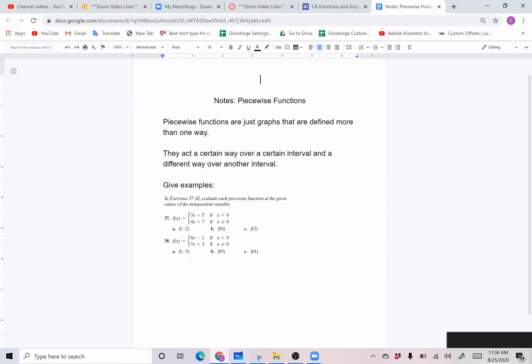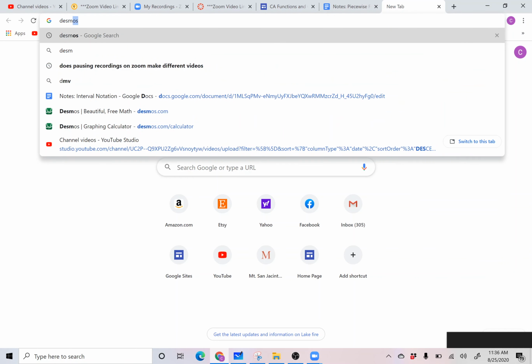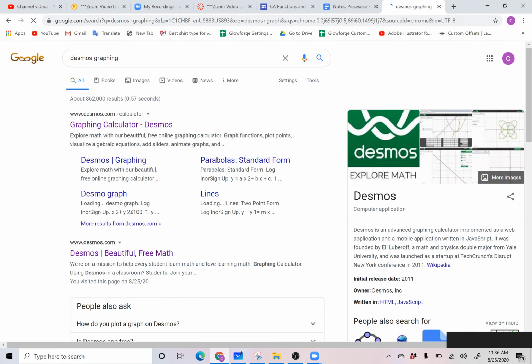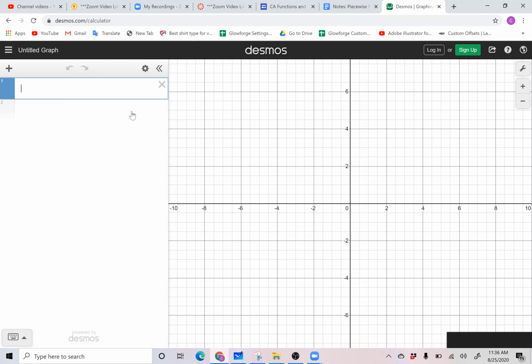Let me show you what that looks like with Desmos. So let's open Desmos. I don't know if I can put the interval in there, but we'll see. Desmos graphing. I want you to see this. y equals 3x plus 5. Can I put an interval?